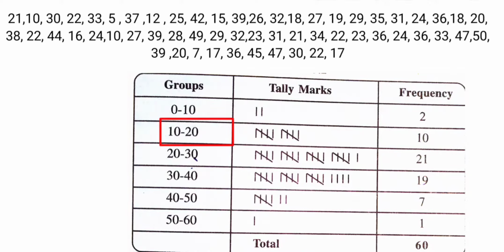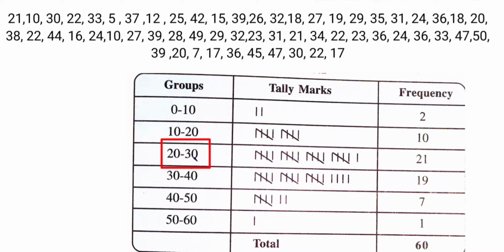Similarly the 10 to 20 class interval. In this class interval the observations are 10, 10, 12, 15, 18, 19, 18, 16, 10. We don't count 20 in this class interval. Similarly, the 20 to 30 class interval.